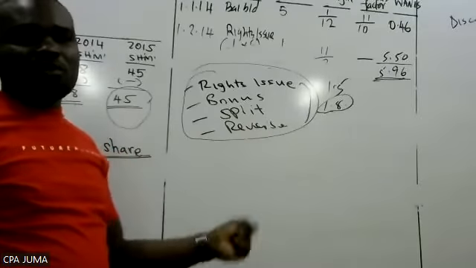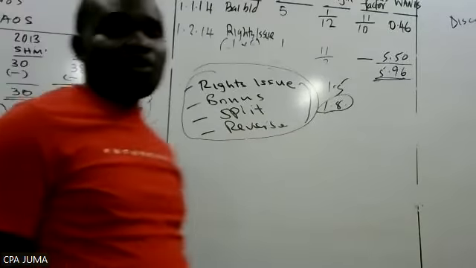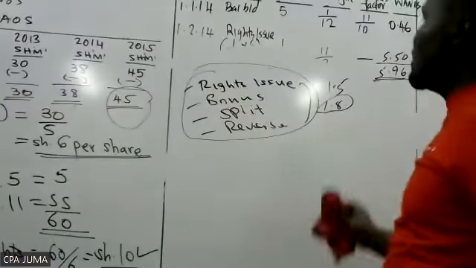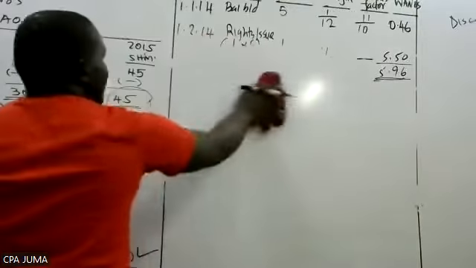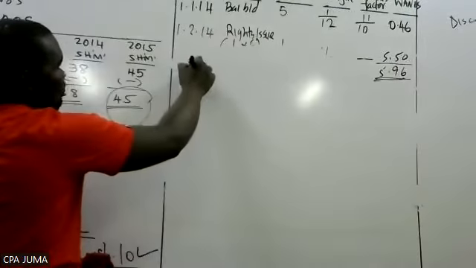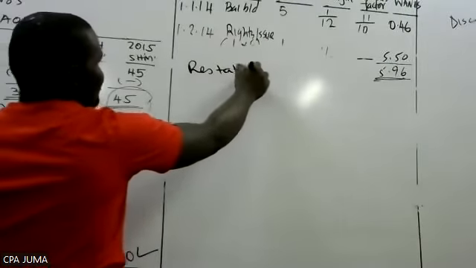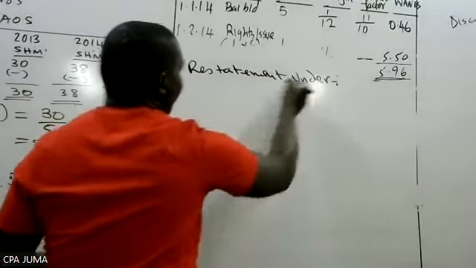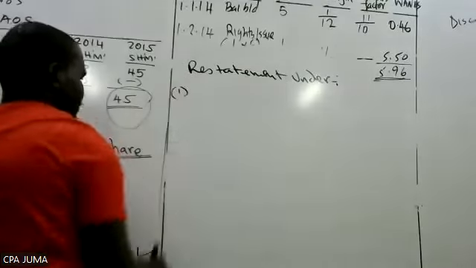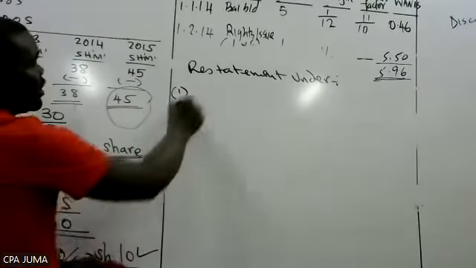So in your small summary notes there, you say restatement under one, rights issue.